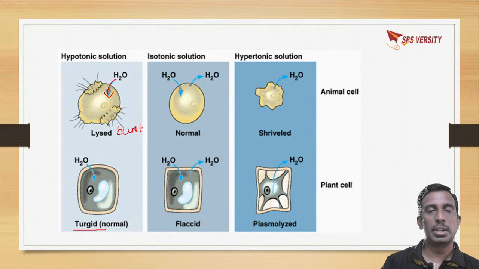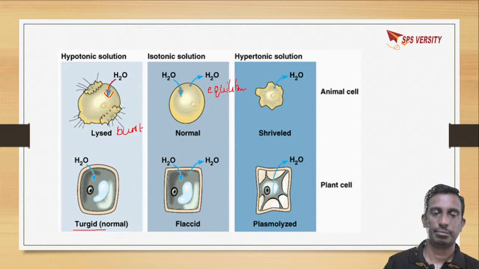When kept in isotonic solution, it is in equilibrium, with no net movement of water. But when you keep it in hypertonic solution, water is lost from the cells and the cells will be shriveled.